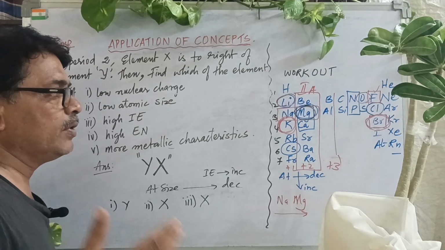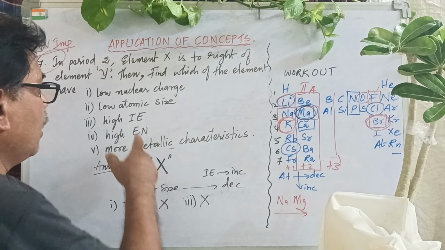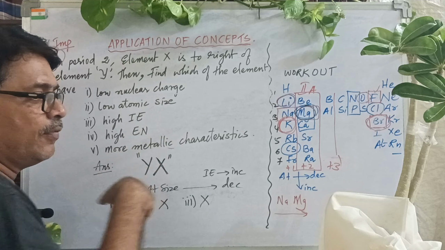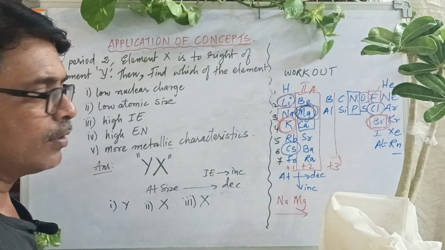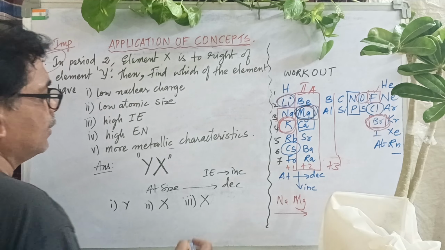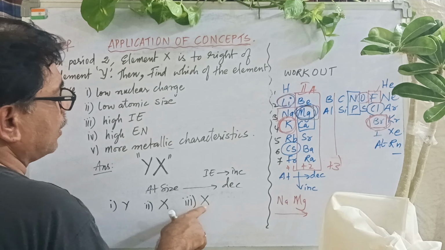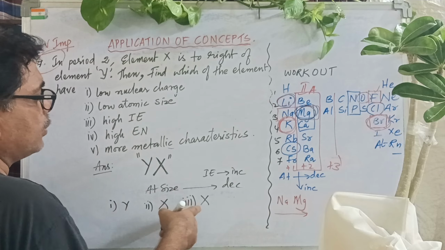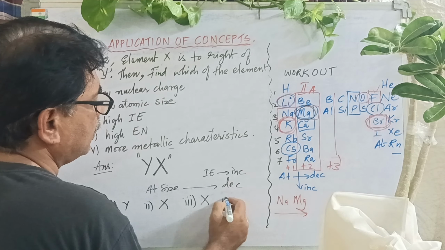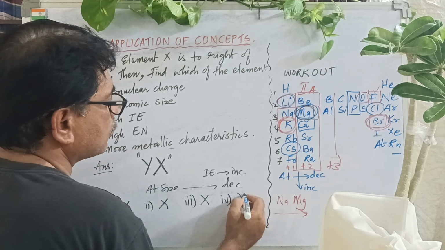Ionization energy, electronegativity, electron gain enthalpy are all friends. High ionization energy is X, so high electronegativity will also be X.